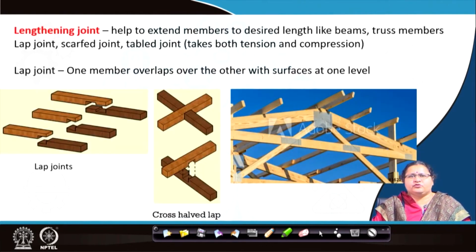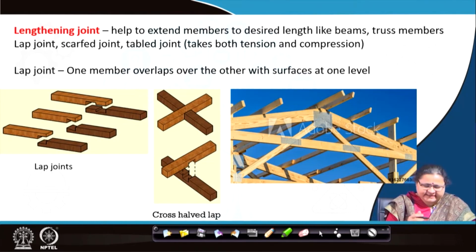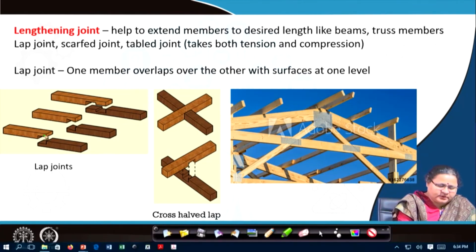So let us move to the lengthening joints. Now here you see they help to extend members to desired length, like beams, truss members. Lap joint is the simplest one. So a portion of one member is taken out, and on top of it the other member is sitting, as you can see in this drawing here.